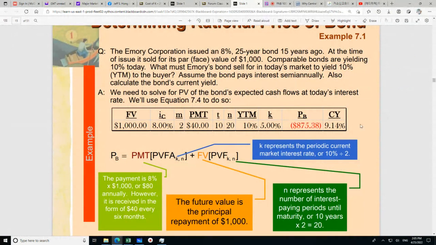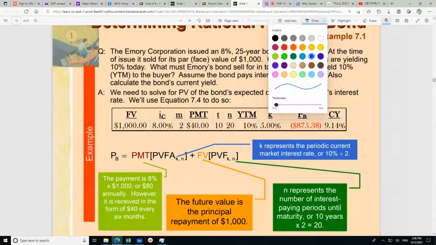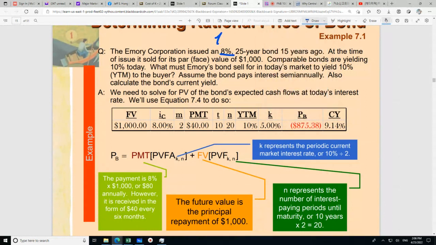So the Emory Corporation issued an 8%, 25-year bond 15 years ago. What does this mean? It's not difficult to understand. This is the coupon rate. It's a 25-year bond, but it was issued 15 years ago. So time left to maturity is now 10 years.